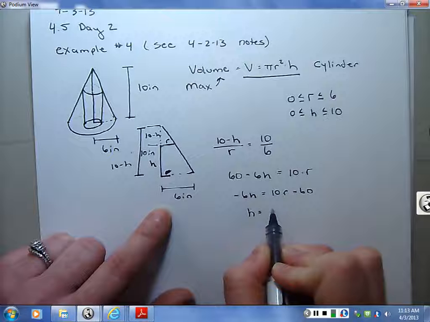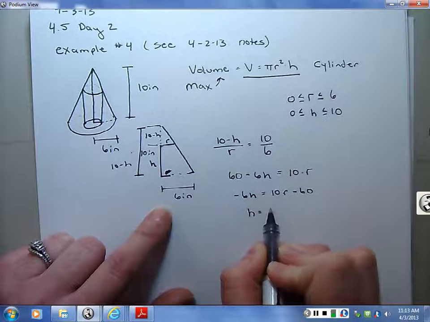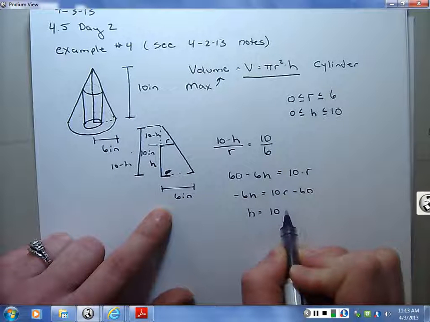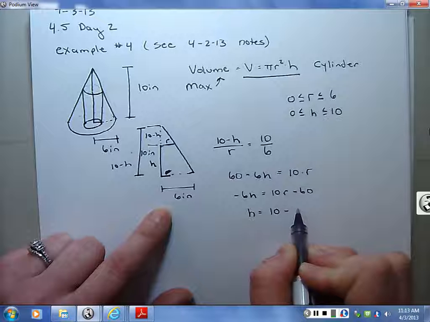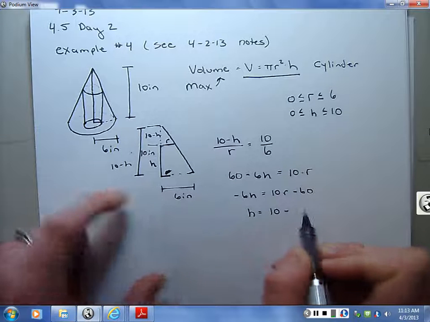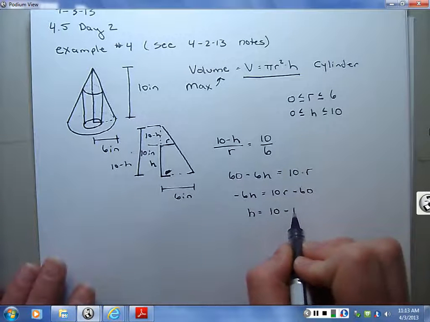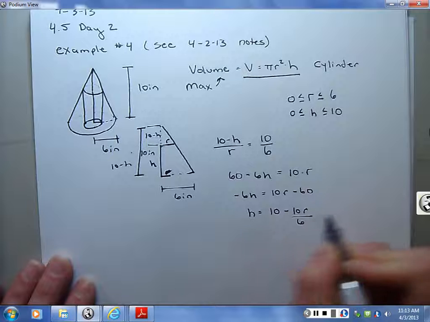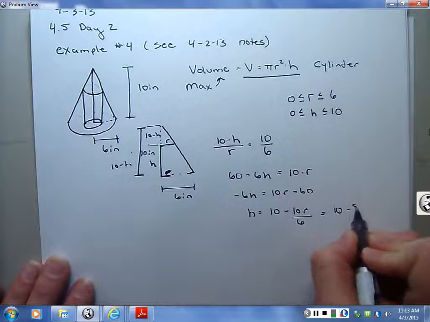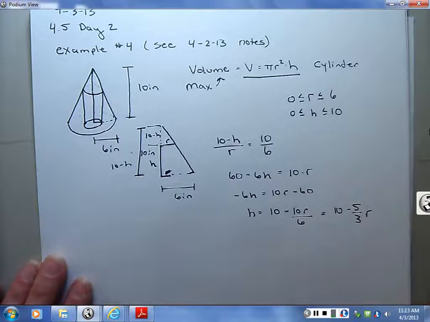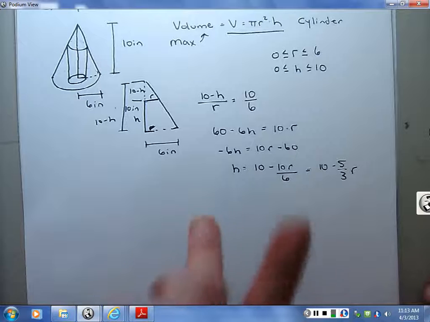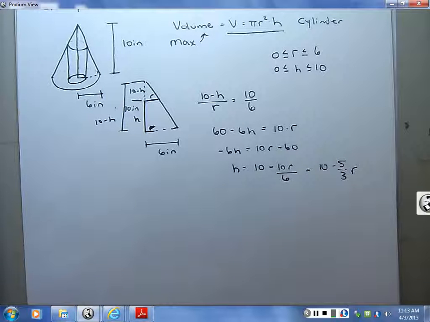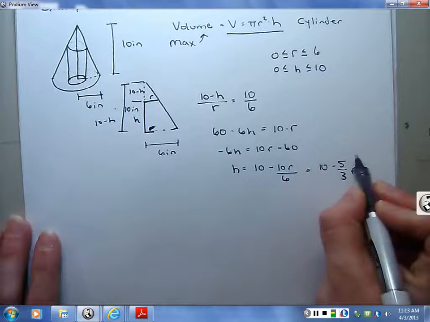H would equal 10 minus 10r over 6, which would equal 10 minus 5 over 3 r. So doing some switching around and dividing by 6, this is what h is.